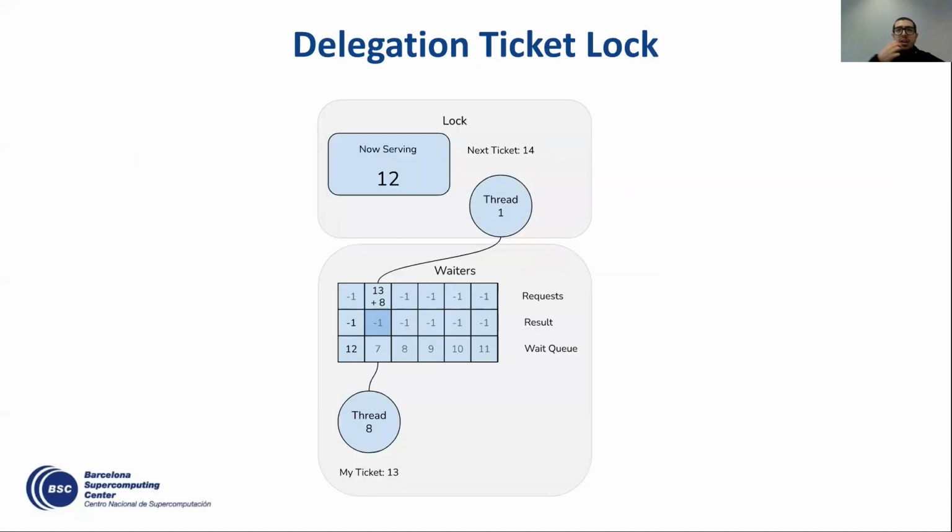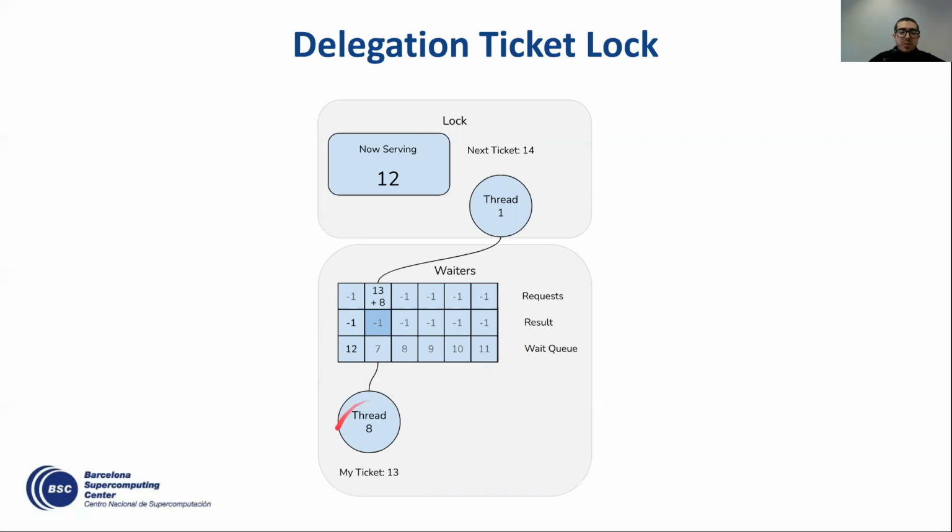The delegation ticket lock is our final lock, which expands on the partition ticket lock with delegation. Note in this example, we have thread 1 that is currently inside of the lock, and thread 8 is the only waiter right now and is waiting outside. We still have the same wait array, right? This wait queue that we saw on the partition ticket lock, but we also have the request and result arrays.